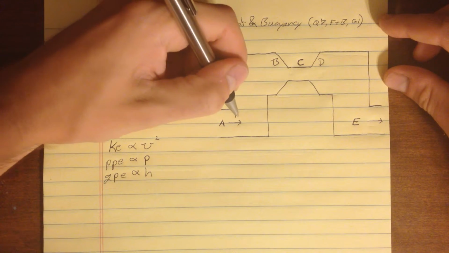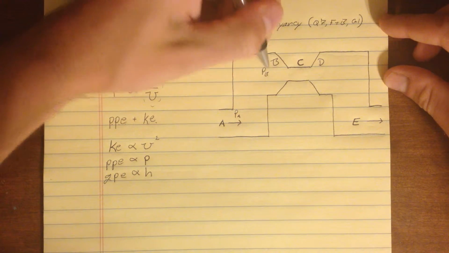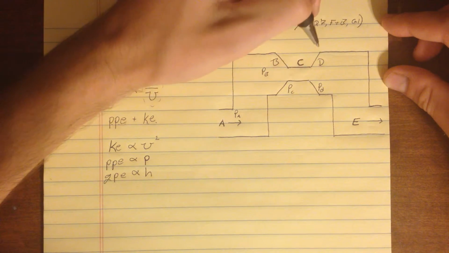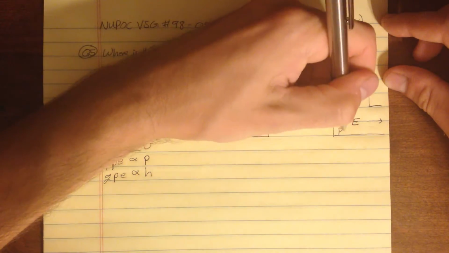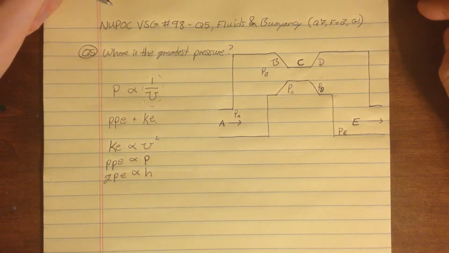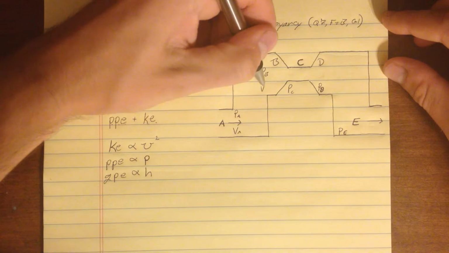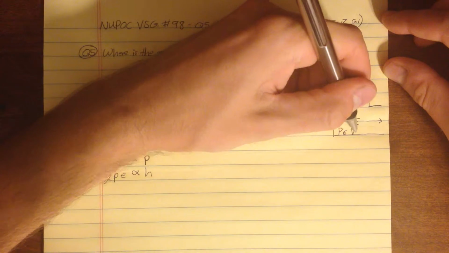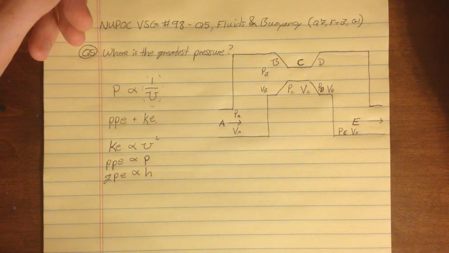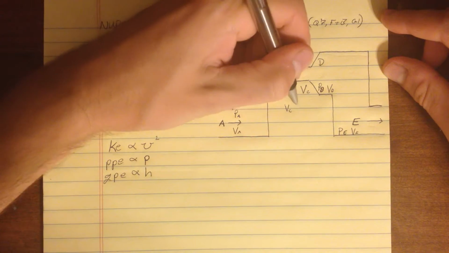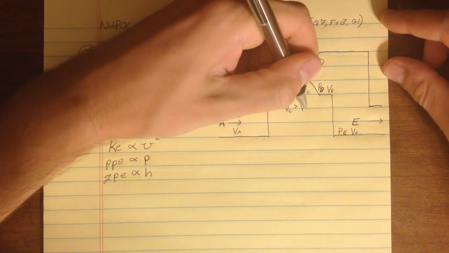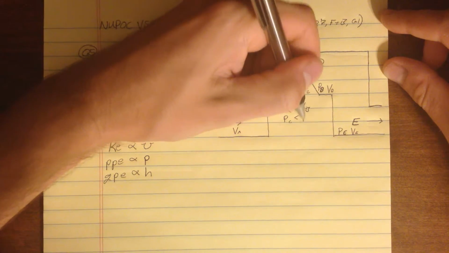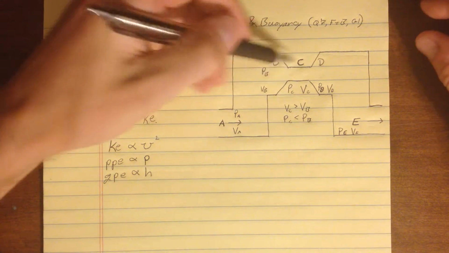So if I write PA, PB, PC, PD, and PE, and then VA, VB, VC, VD, and VE, we can say that VC is greater than VB and PC is less than PB. So that's the change that happens at this point here.